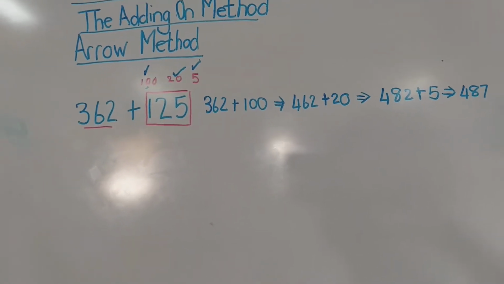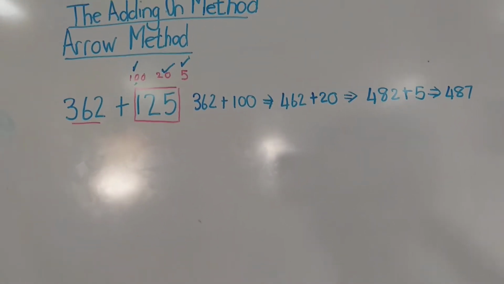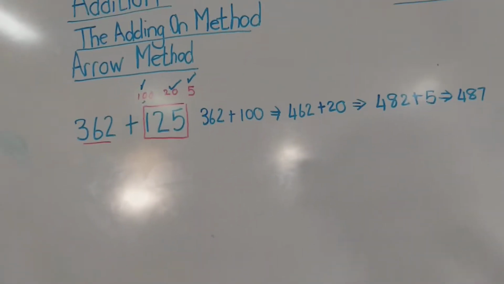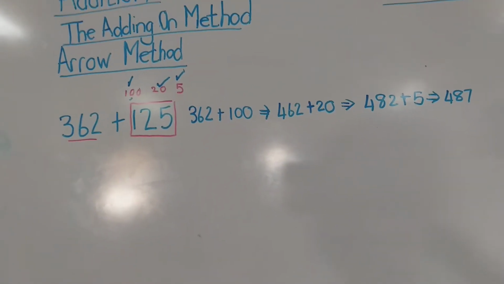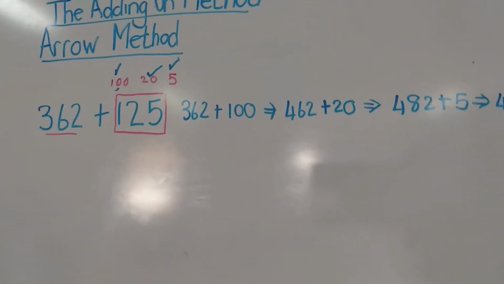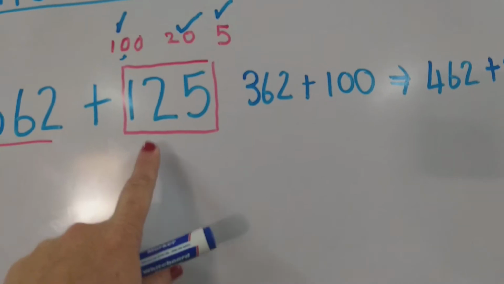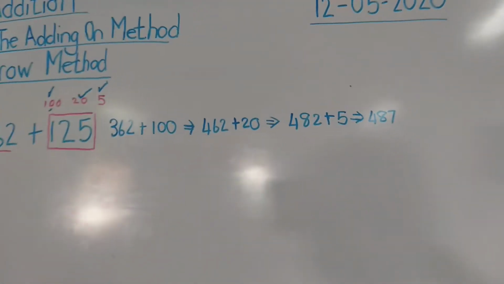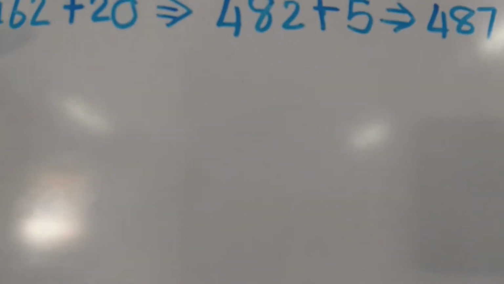And that is not the focus of the sum. Don't worry about the arrows. If the arrows are upsetting you, then just leave them out or set it out another way. The whole point of the sum is to break down the second number and add bit by bit. So if the arrows are confusing you, it's not a big deal.